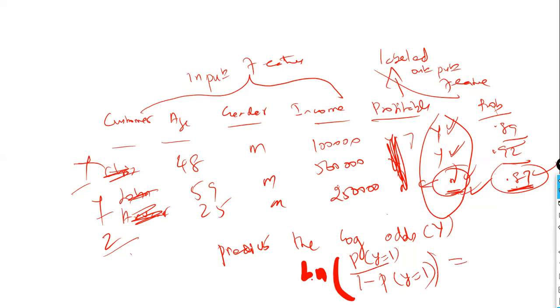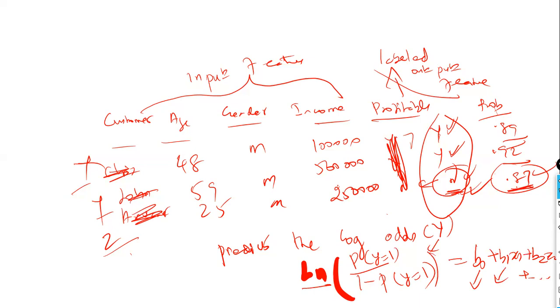So I'm going to take the natural log of the odds. That is what we get once we fit the model. The rest is the same: B0 plus B1 x1 plus B2 x2 and so on, where beta naught is your intercept and beta 1, beta 2 are your slopes. The right side is similar to your linear regression model.